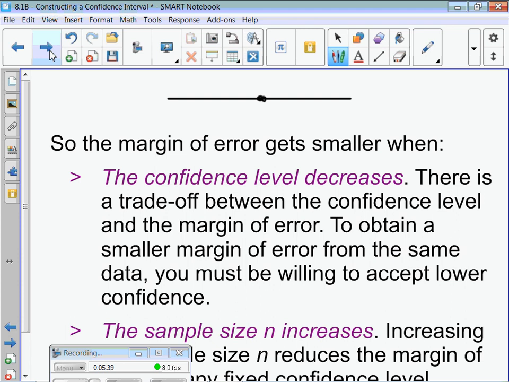Margin of error gets smaller when, so the margin of error is from here to here. It gets smaller when the confidence level decreases, right? If I'm 80% confident, that's going to be a smaller interval. And it also gets smaller when the sample size increases. Those are the 2 things you have to know.